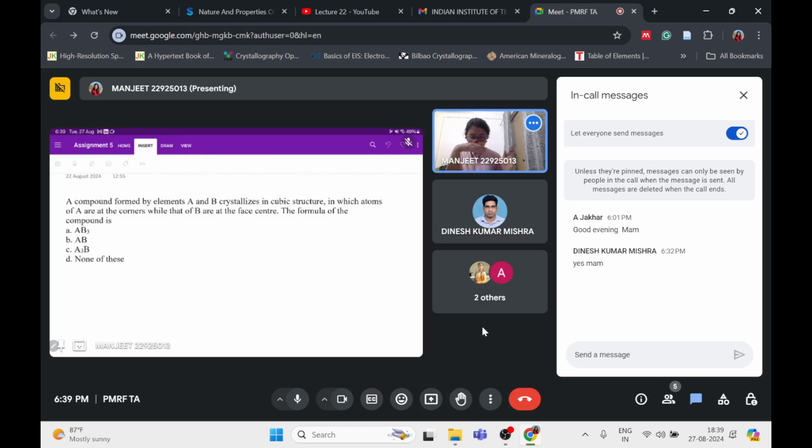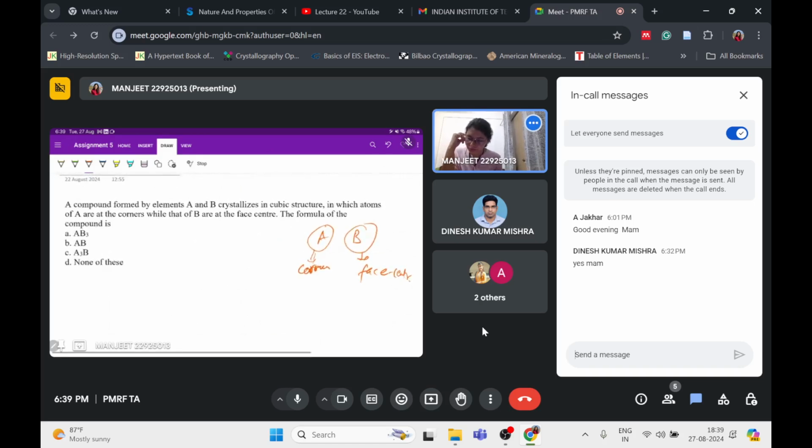A and B both crystallize in the cubic structure, but A occupies the corners of the unit cell, and B are at the face centers. So what will be the formula of the compound?